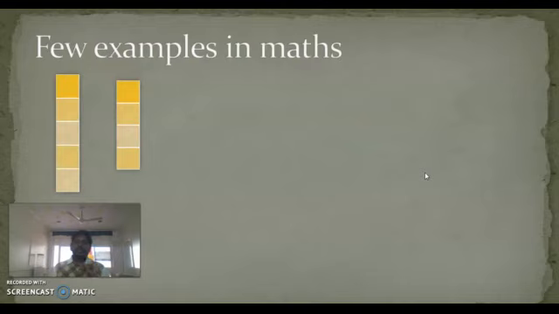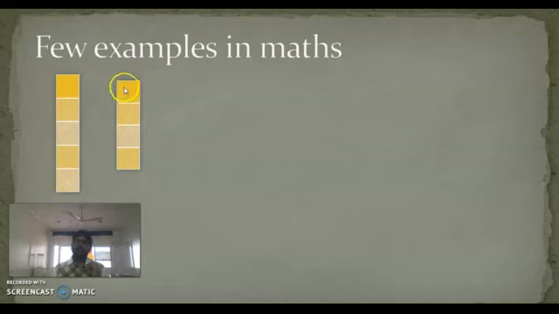Now a few examples using maths. We are taking two groups of boxes here, and we identify the number of boxes in the first bar and the number of boxes in the second bar. Let me start counting the boxes. 1, 2, 3, 4, 5. So the first bar contains 5.